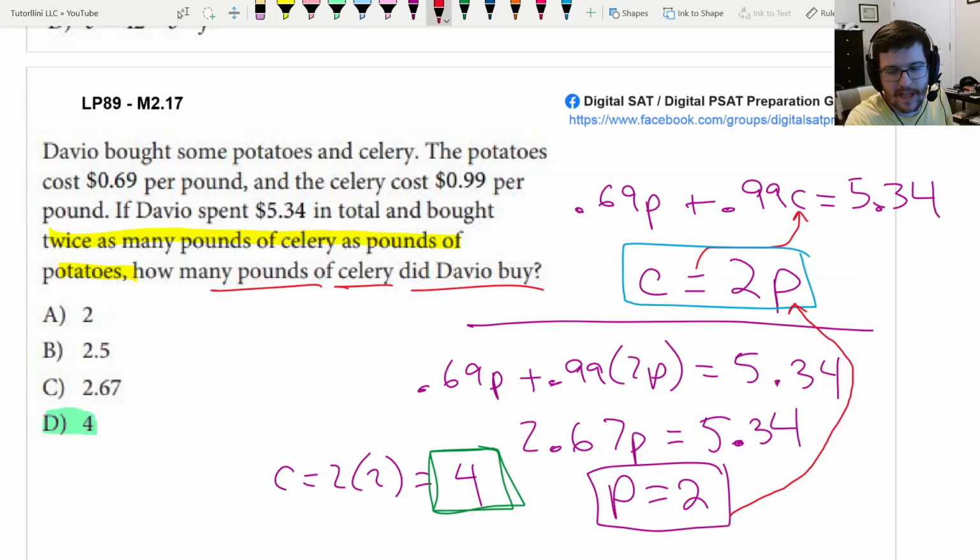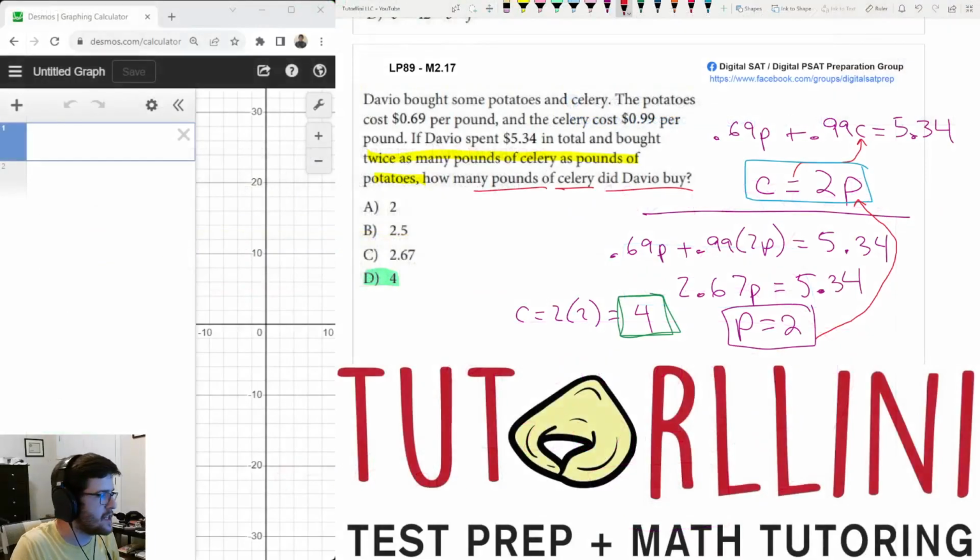All right. Let's do Desmos now, because this is way easier on Desmos. Okay, so the only thing is you just have to be really careful what you make X and what you make Y. So I'm going to make P X, and I'm going to make C Y. So now I'm just going to rewrite everything we have up there.